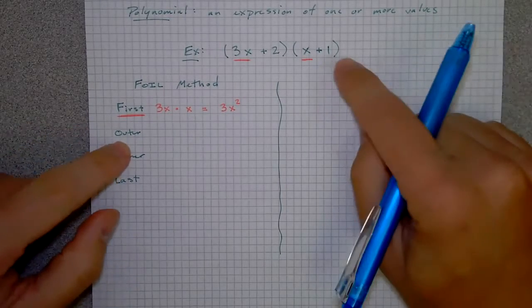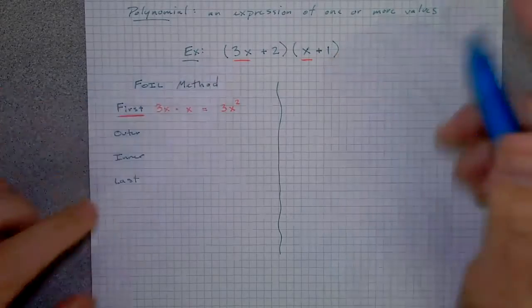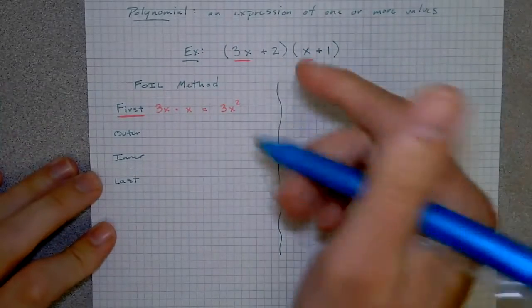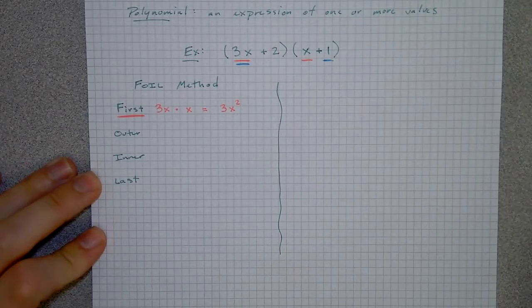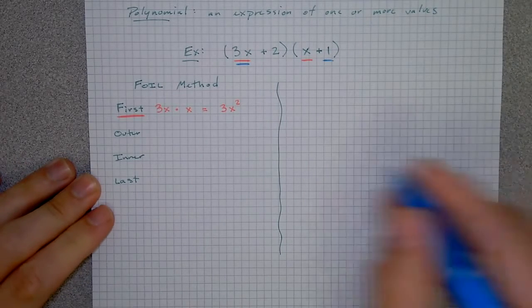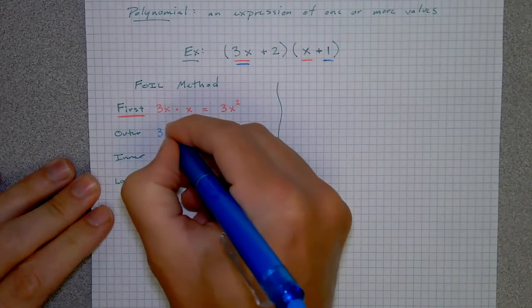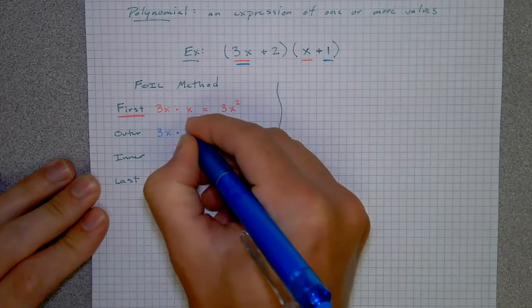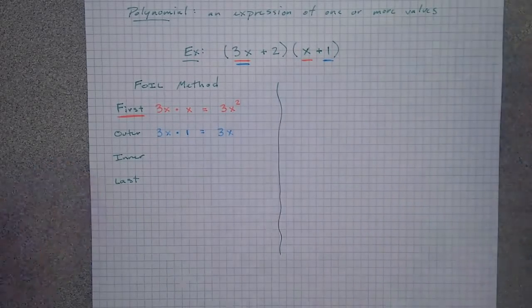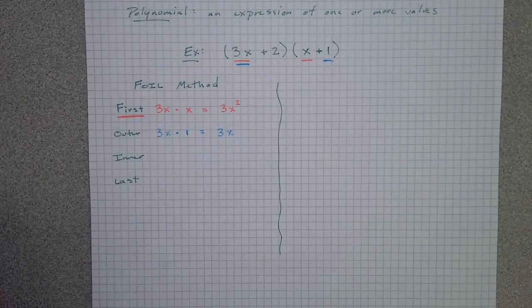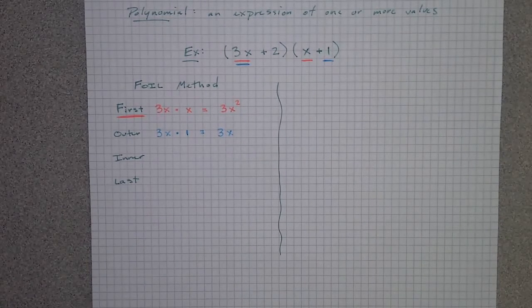Okay, second one's the outer. So you take the two outer terms and multiply them by each other. So we got 3x and 1. Right, so 3x times 1 is just 3x.